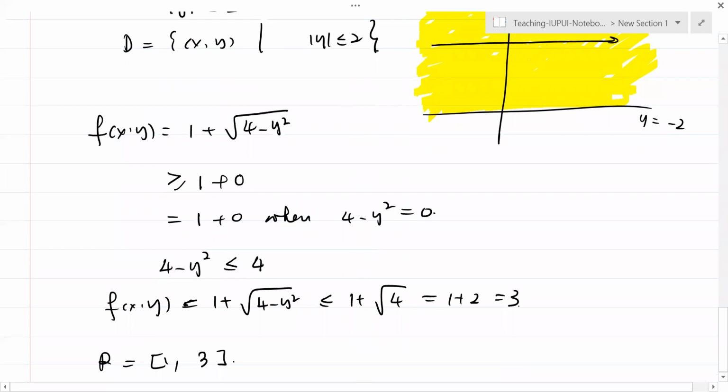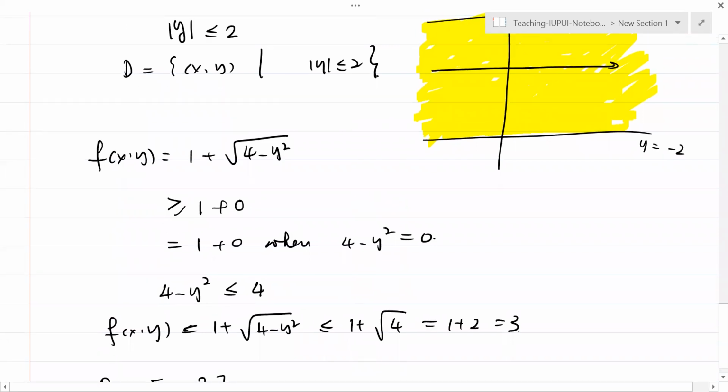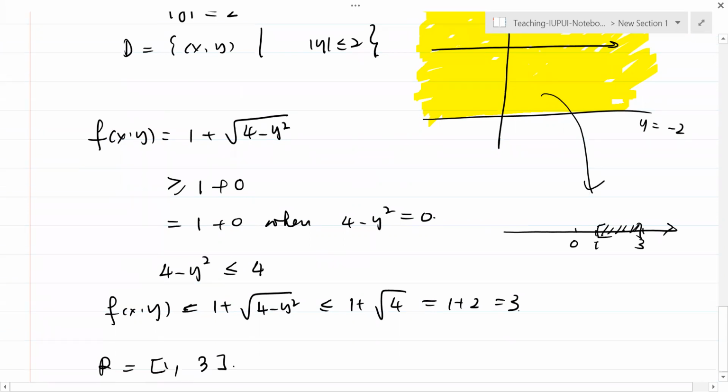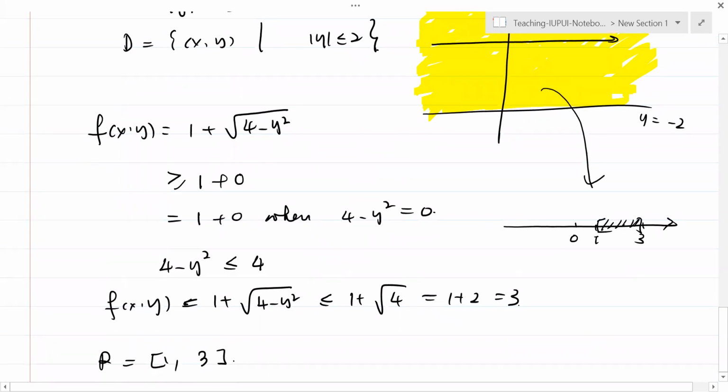This function maps the whole region onto this interval. So this is the domain, and this is the range of the function.